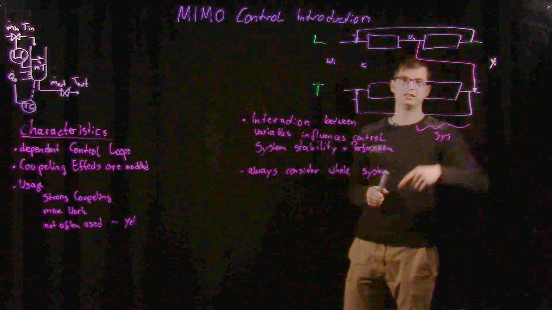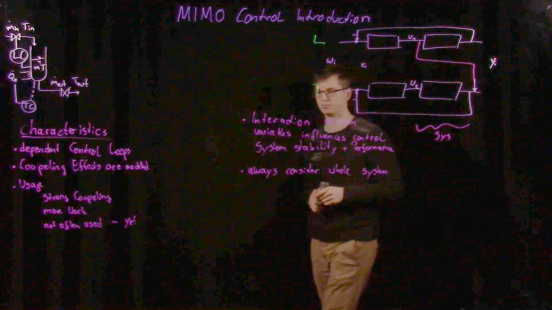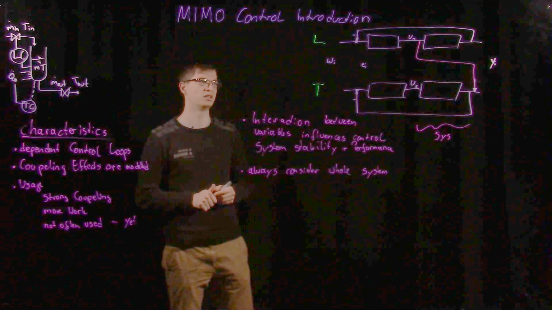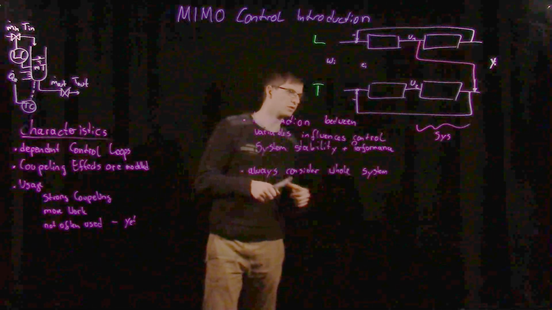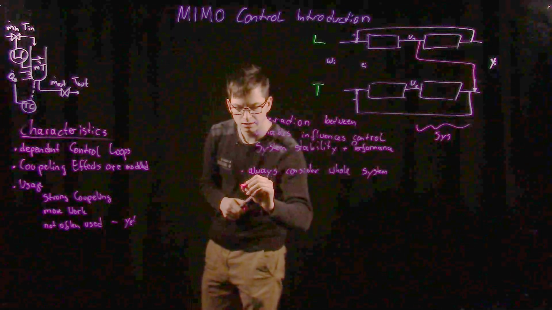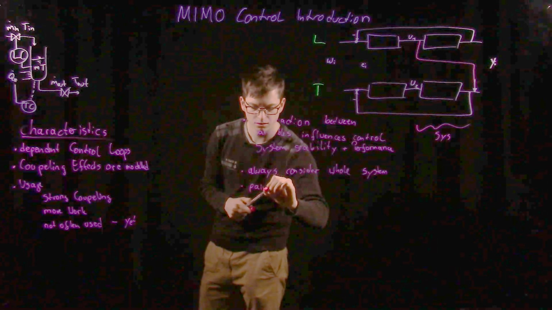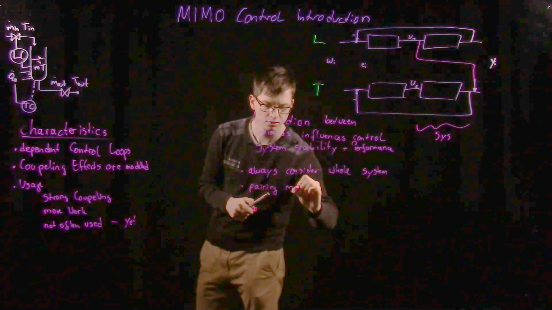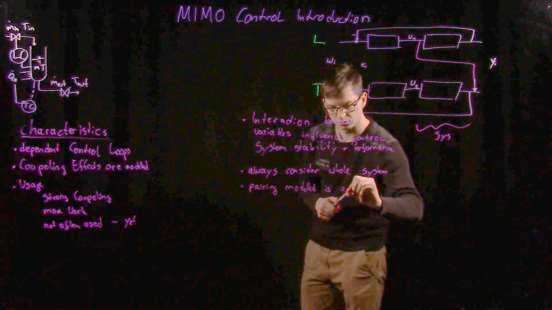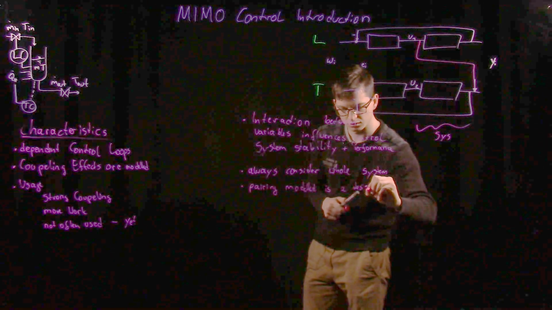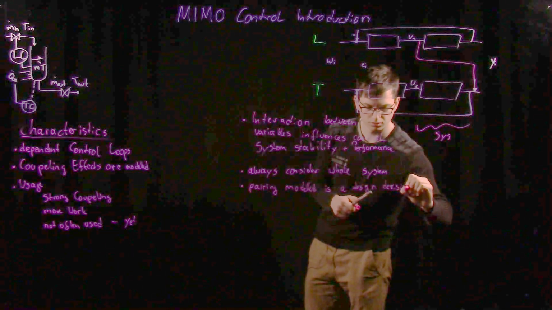That is what we did in here, and actually that's a connection that we draw on the screen, on the paper, and we assume that it is true in reality. In this example, that might be true. So the pairing modeled is a design decision.